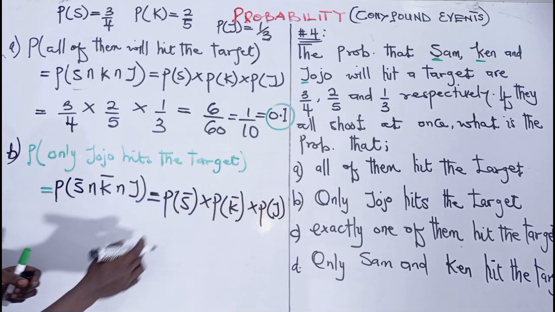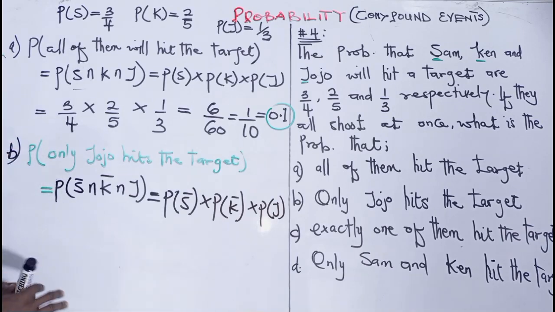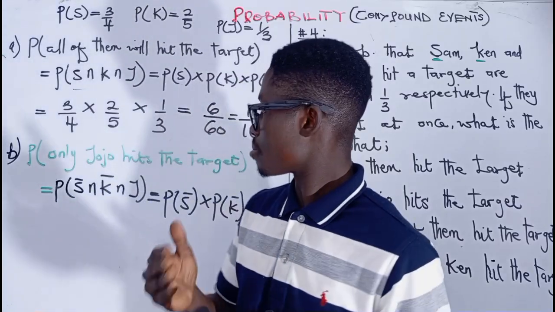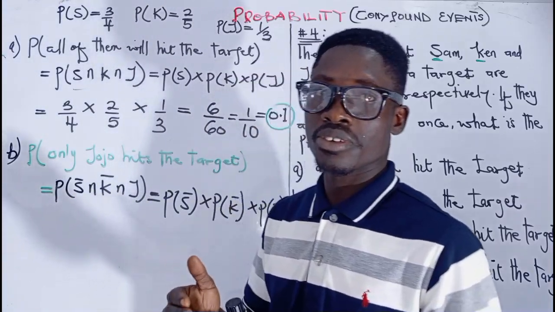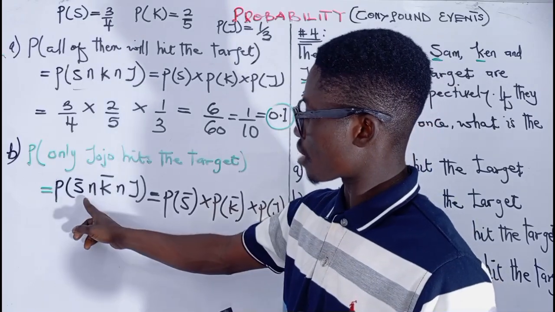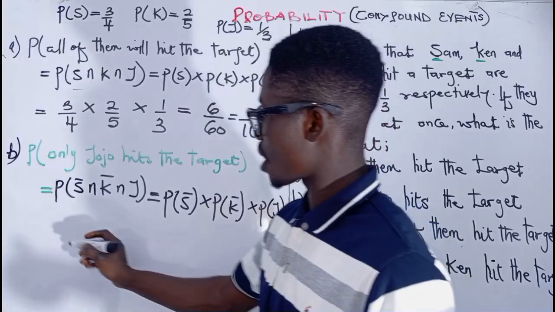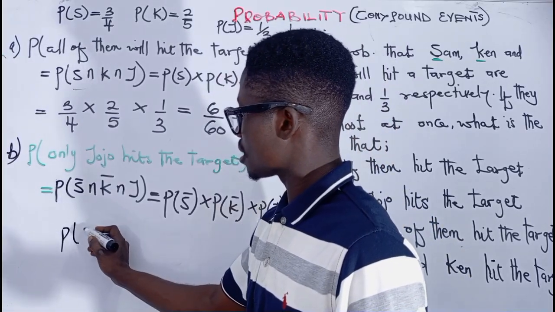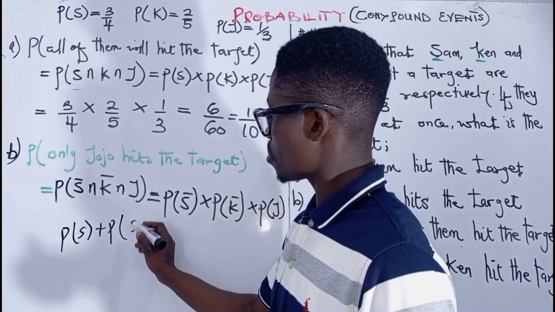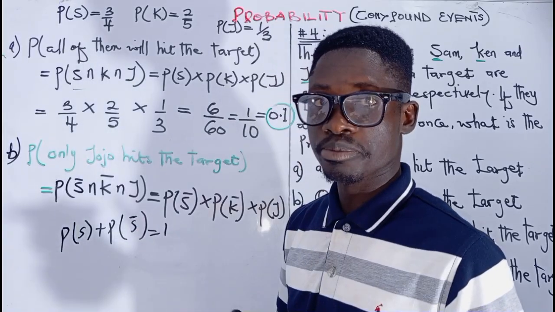Now we have to find the probability that Sam will miss the target. Using the complementary rule, we learned that the probability of an event occurring plus the probability of that event not occurring must give us 1. So if we want to find the probability that Sam will miss the target, we can write the probability that Sam will hit the target plus the probability that Sam will not hit the target should give us 1.